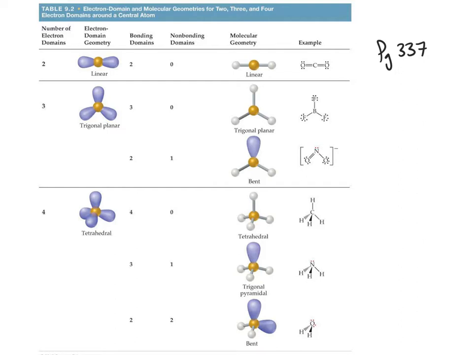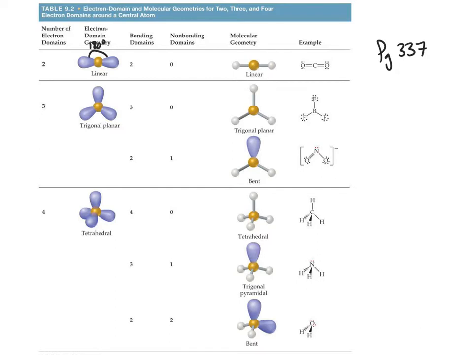The first thing you need to know is that if there are 2 domains, they always form a linear electron domain geometry. These 2 domains will always lie 180 degrees across from one another, and that is the bond angle that you're going to have to know by memory for the electron domain geometry only. So 2 domains are always 180 degrees.